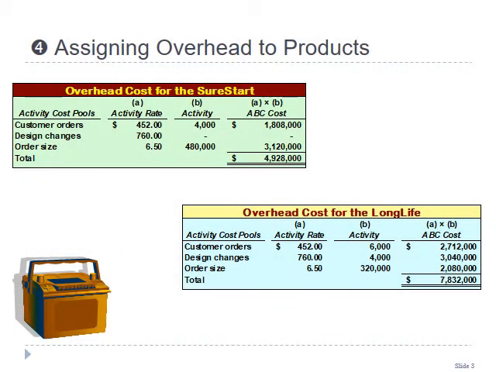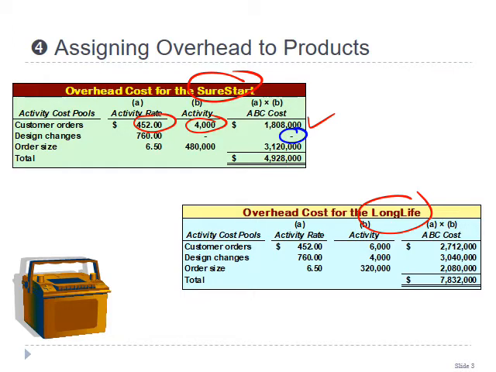So let's find out how much overhead cost belongs to Short Start and Long Life. For the overhead cost assignment to Short Start, where did this 1.808 million come from? We know there are 4,000 customer orders and the per order activity rate is $452, so the answer is 1.808 million. Why is there a zero design change?